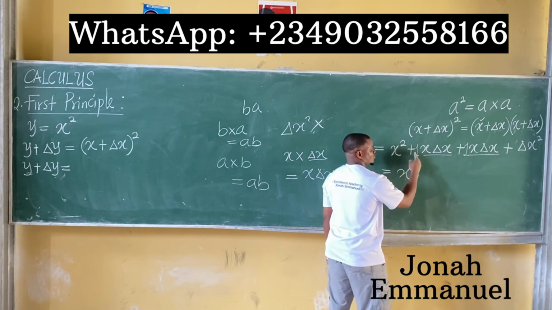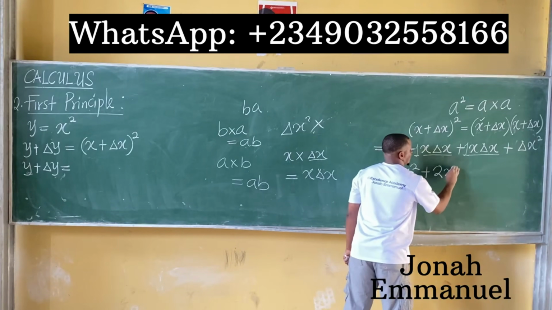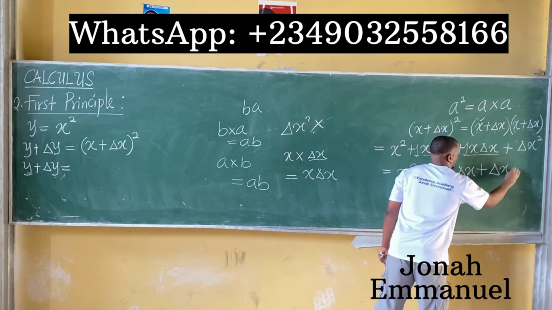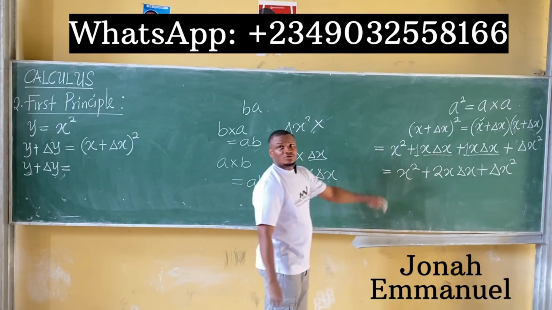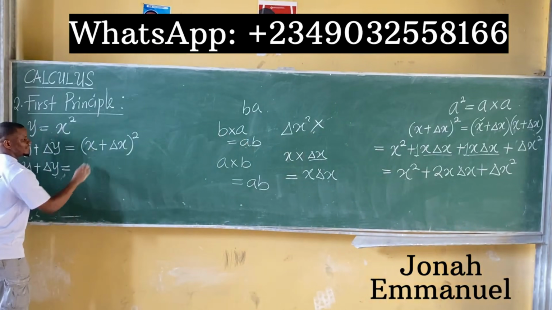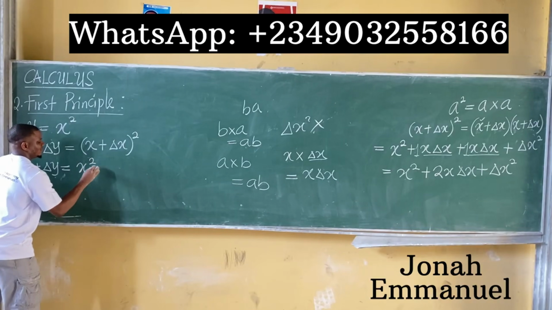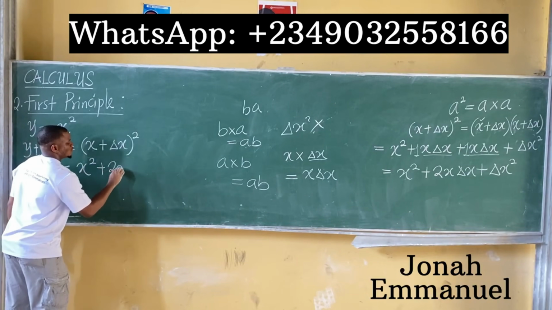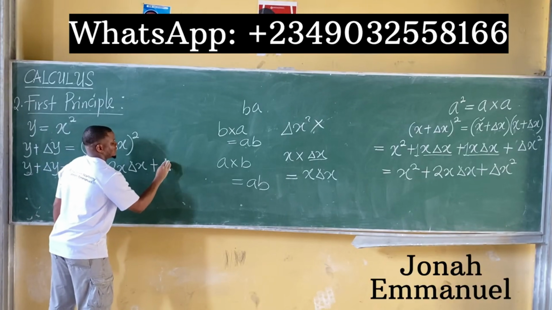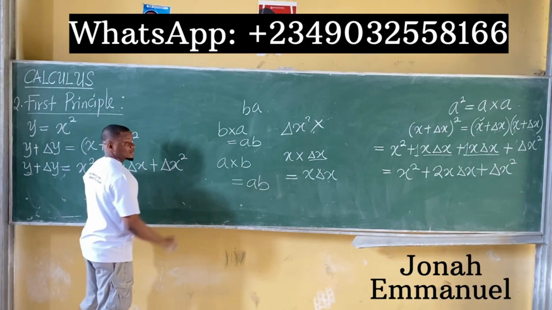So 1 plus 1 gives you 2. So it becomes plus 2x change in x plus change in x squared. So this is my answer after expansion.